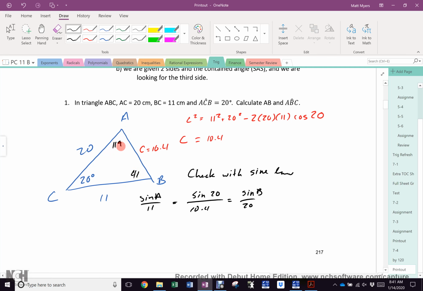What has this just proven? What must this one be? It's not 41, because this has to be the biggest angle, yes? So what is it? What has the same sine as 41? 139. 139, right? Which makes this what?